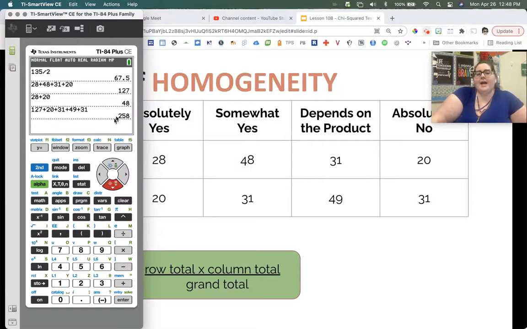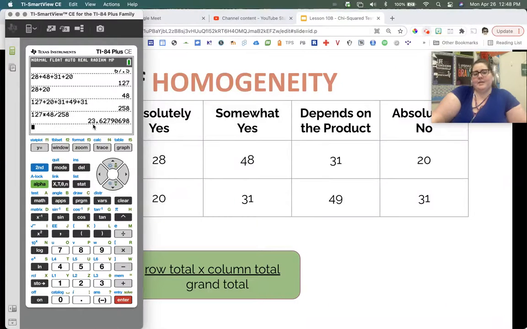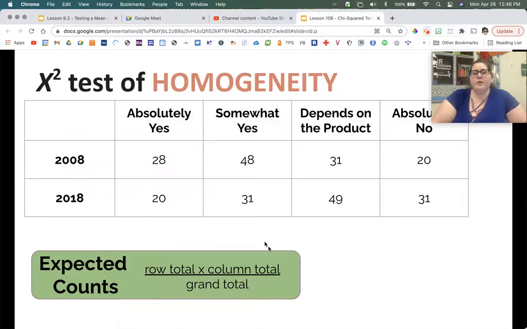So for that top left cell, the expected count would be the row total, 127, times the column total, 48, divided by the overall grand total of 258. When I do that, I get an expected count of 23.6279, etc.